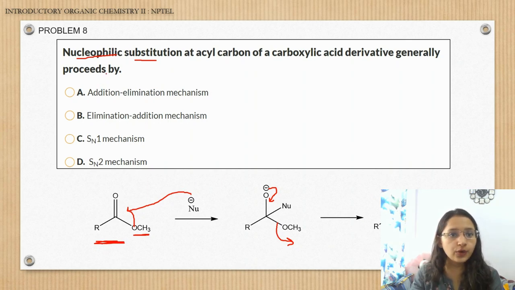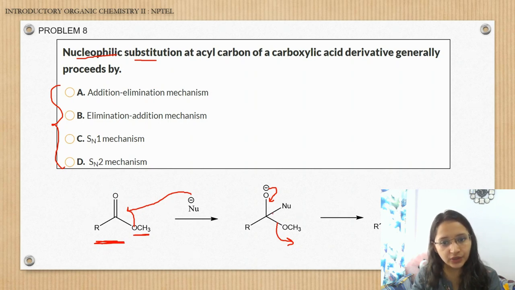So the options for nucleophilic substitution are an addition-elimination mechanism, an elimination-addition mechanism, an SN1 mechanism, and an SN2 mechanism. Which trend is followed while the nucleophilic substitution takes place at the acyl carbon? First of all, the nucleophile has to add on this particular carbon, and after that an elimination takes place.